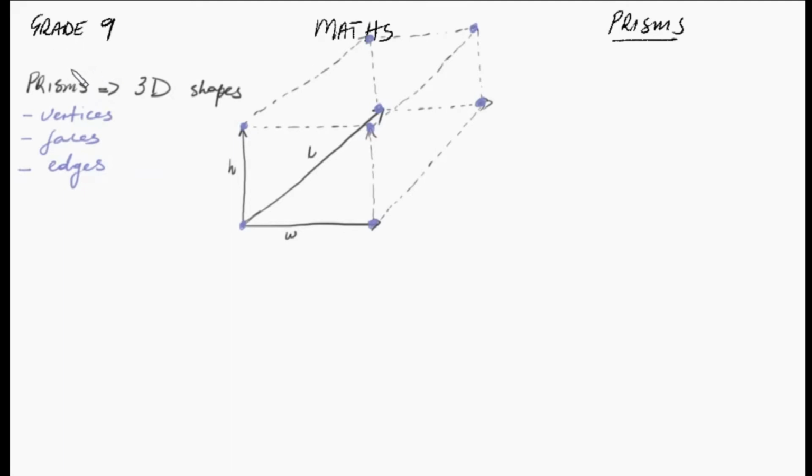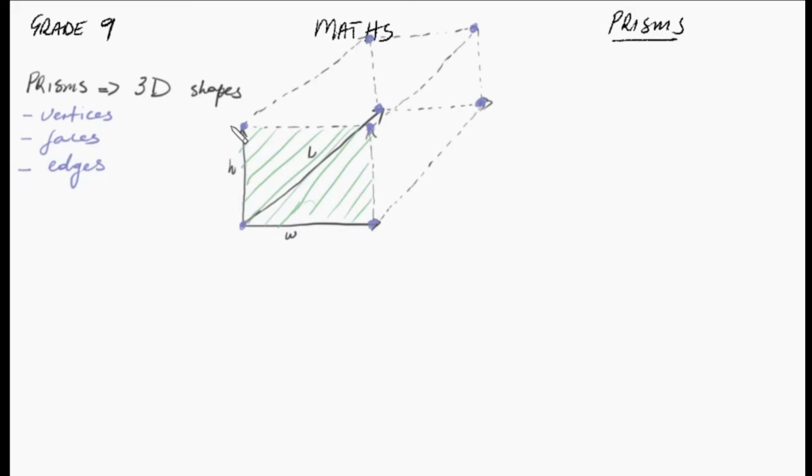Okay, now let's continue. Now that I have described this to you, I want to also show you that a prism will have a cross section. There is what we call a cross section. This shaded face can be a cross section.